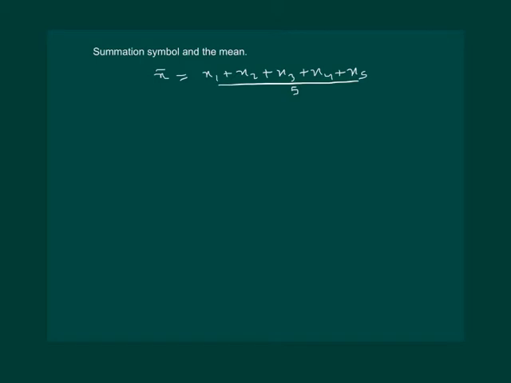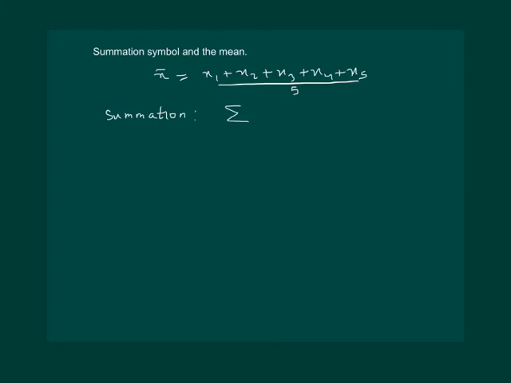But what if we ask 30 people about the time spent in social work? Then we will have to write 30 observations x1 plus x2 plus x3 plus x4 and so on till x30. So that can be done by using a symbol called summation, and it is written like this. It is also called sigma.